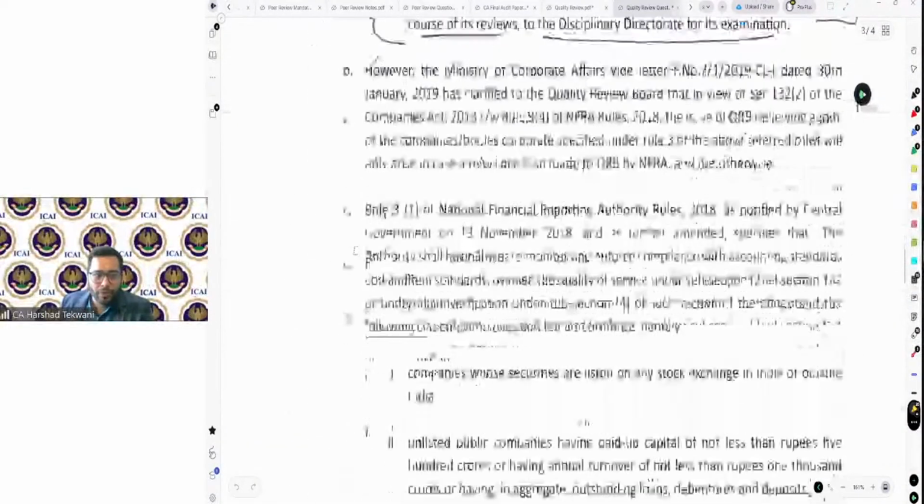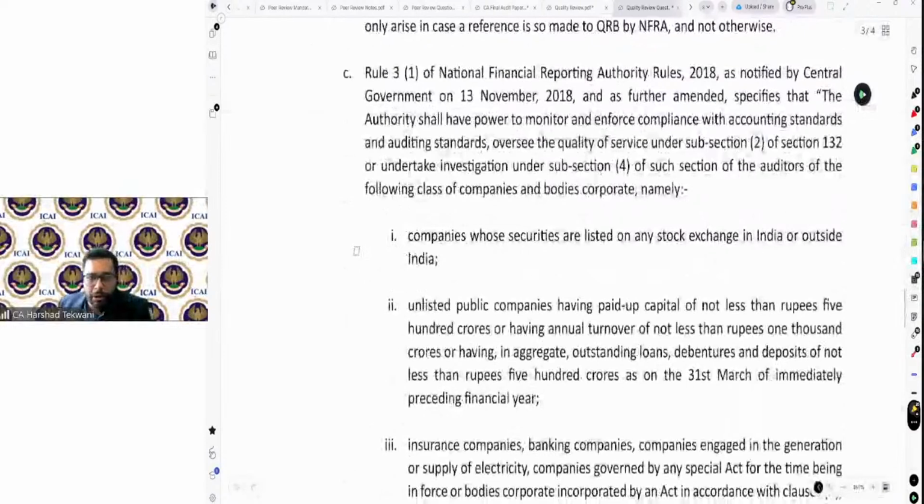Rule 3 of the NFRA rules talks about certain entities which are specified by the central government, which will be governed by the authority.